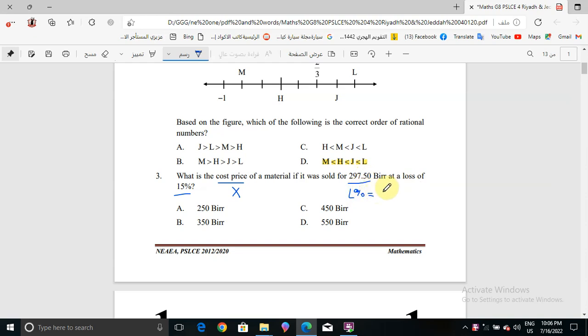Loss percent is equal to cost price minus sold price over cost price times 100. Right? So we'll write 15% is equal to cost price, which is X, minus sold price, which is 297.50, over X times 100.